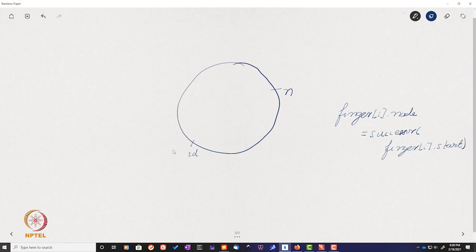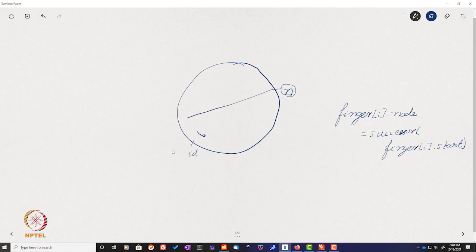So we find that finger of n whose finger node is the closest preceding, in the sense that if I start here and walk anti-clockwise, I will encounter many finger nodes of node n, but I want the closest one, the first one that I encounter while walking anti-clockwise.